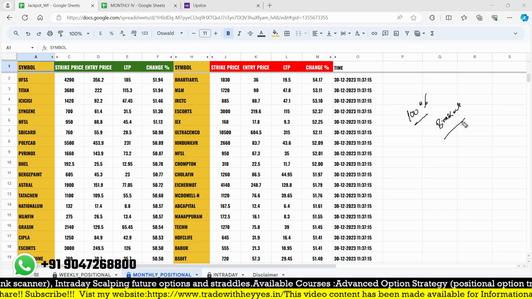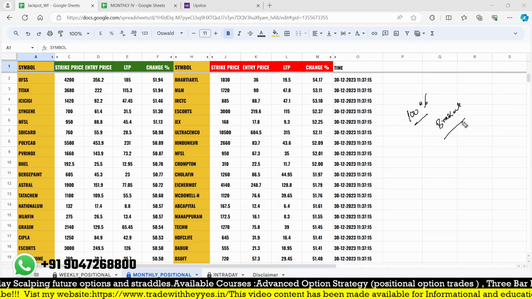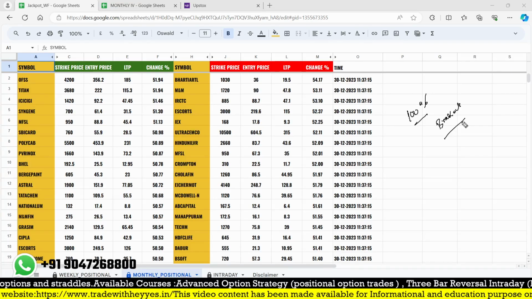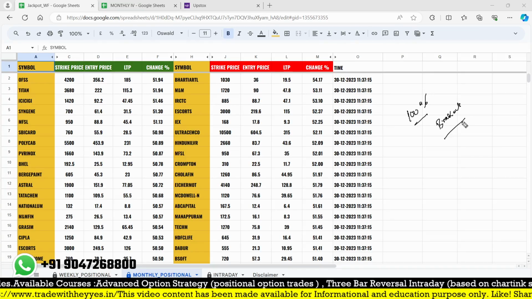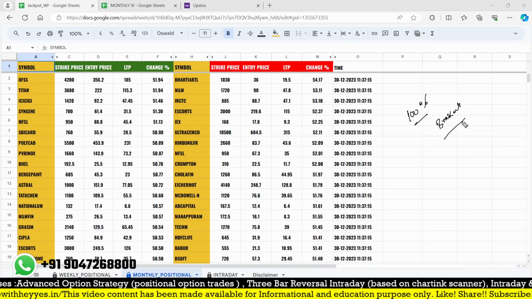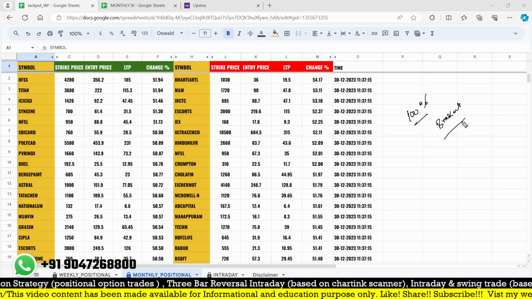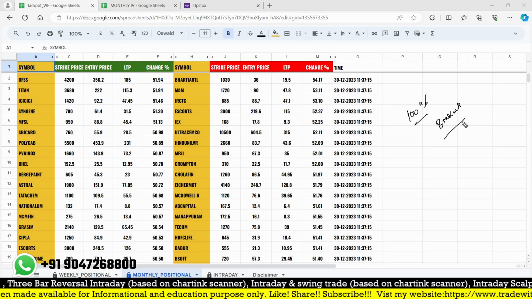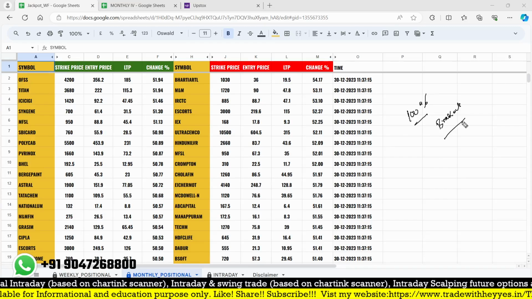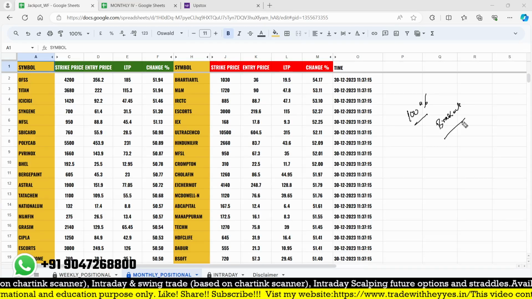For the top listed stocks, you can plan a trade opportunity based on your own logic, meaning the strategy you are using. This Google Sheet acts as a scanner for stocks and stock options, so you can easily filter out the stocks that are performing well by using this sheet.